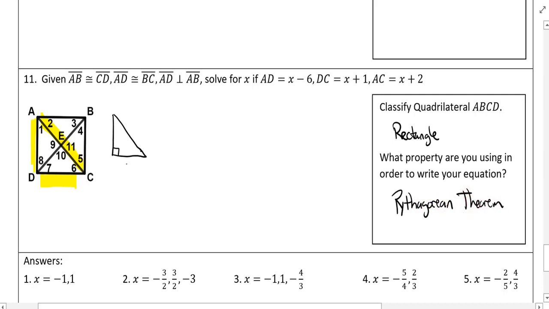Remember, the Pythagorean theorem says that if this is A, this is B, this is C, then A squared plus B squared equals C squared. And so for us, AD, that length squared, plus DC squared is going to equal AC squared.